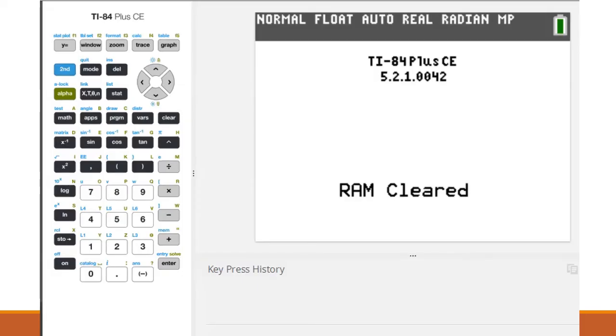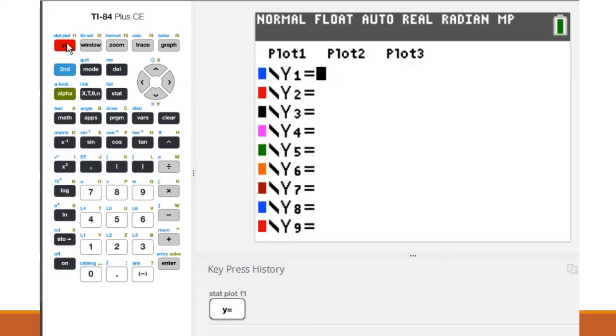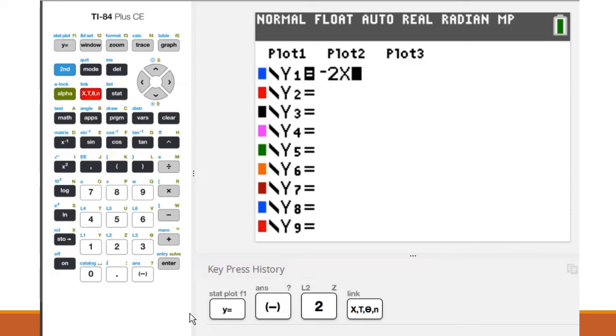Now let's see how the TI-84 can help us graph this inequality. The first thing you have to do is put the inequality in the calculator. So I'm going to press y equals, and the inequality has to be in slope-intercept form. I'm going to put negative 2x plus 5.